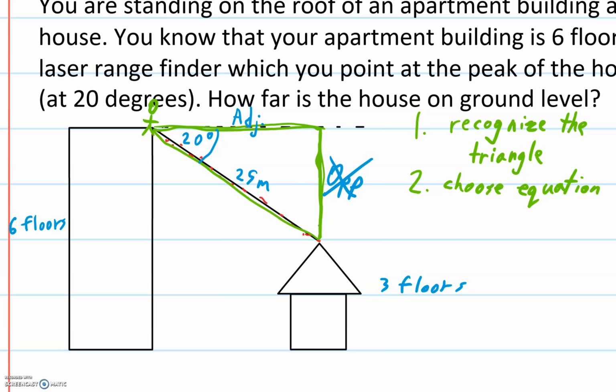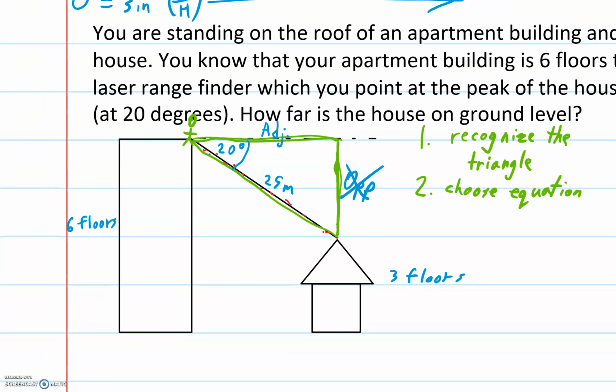So, thinking about SOHCAHTOA, which honestly I would write down every time at the beginning of a quiz or a test or whatever, or even at the beginning of a question. Which of these does not have the opposite side? Well, SOH has an O, and TOA has an O, so both of those have opposite. So CAH is the equation we want to use.